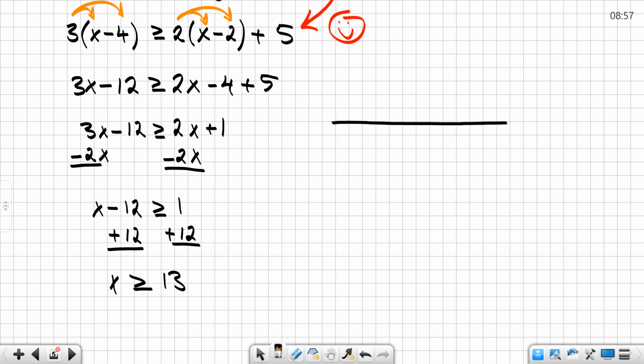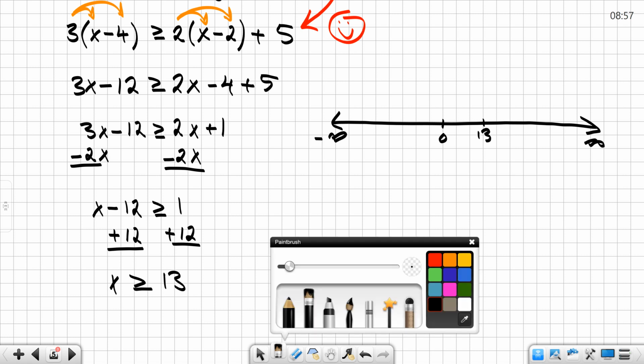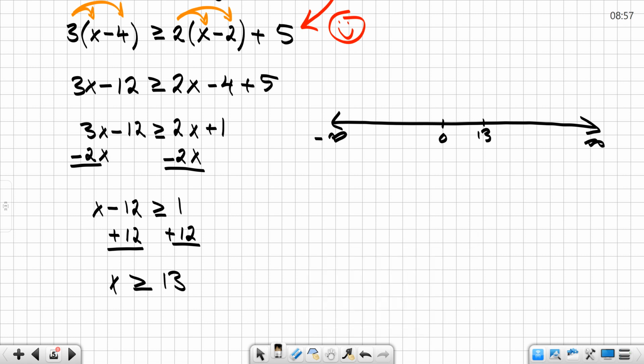So I am going to sketch my graph. Let's say this is 0, this is negative infinity, this is positive infinity. Well, 13 would be somewhere on the right side of 0. It doesn't really have to be very accurate. 13 is to the right of 0, and I am now going to look.